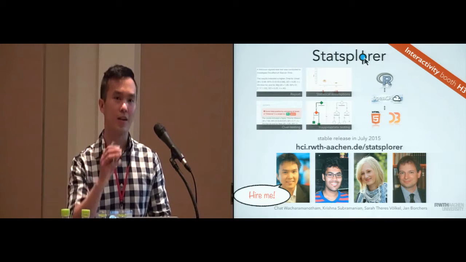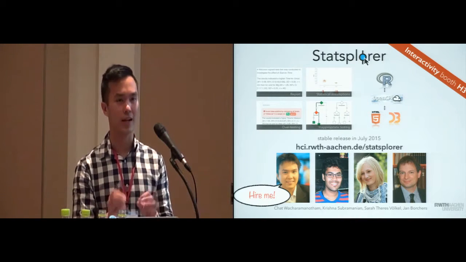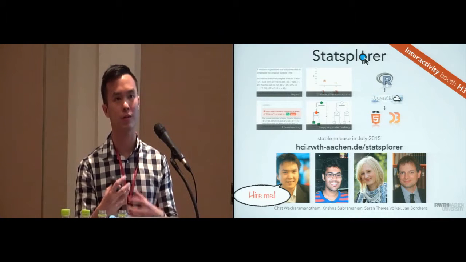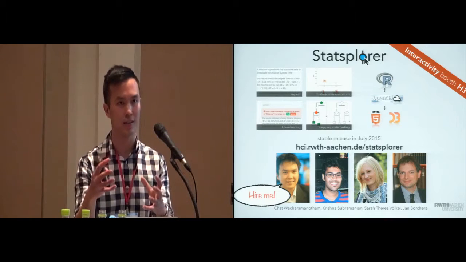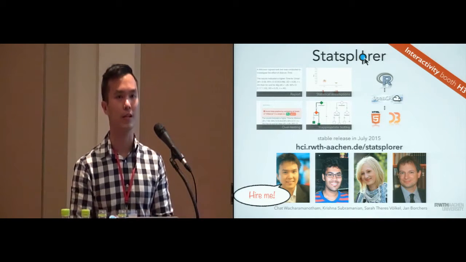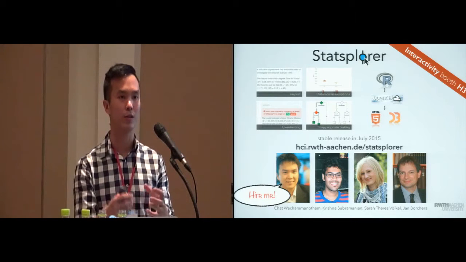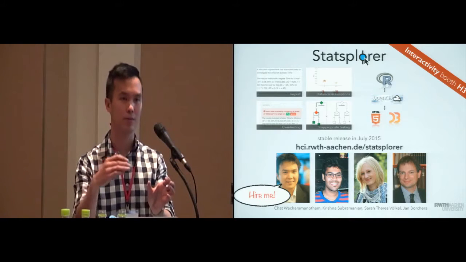That is a very challenging study to perform. I don't have a definite answer for you yet, but what we are trying to do in Statsplorer is progressively disclose related information for statistical tests. What we did not show here is that we have help that allows users to see more: why is that happening in that way, why is this test being chosen, and so on.